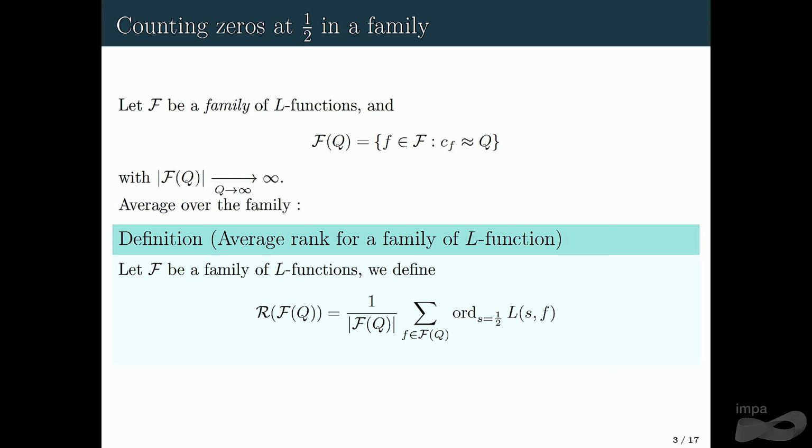And as I said, what I wanted to say in the beginning was just: is there a zero at 1/2? And since studying only one L function is difficult, I'm going to study that question in a family of L functions, where family is, for now, something very vague: I'm looking at L functions that look like each other.